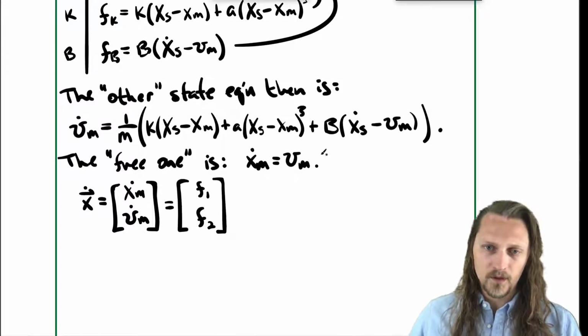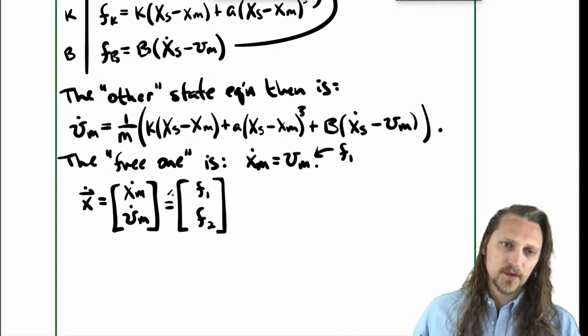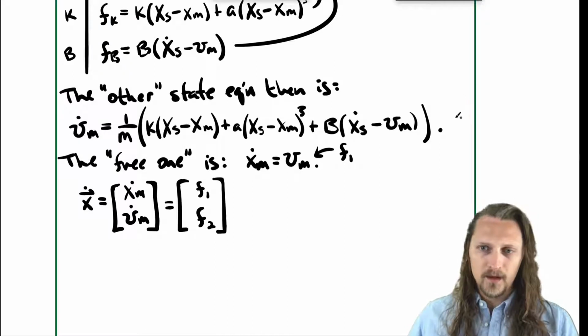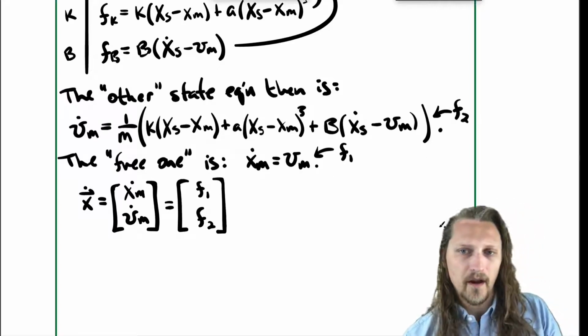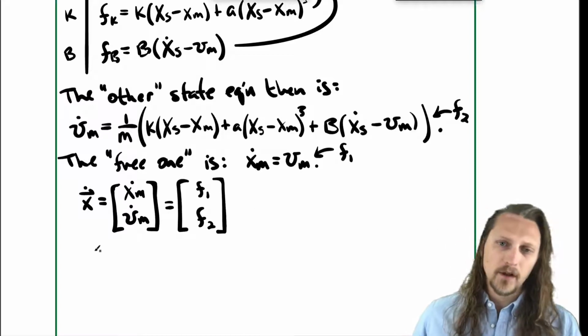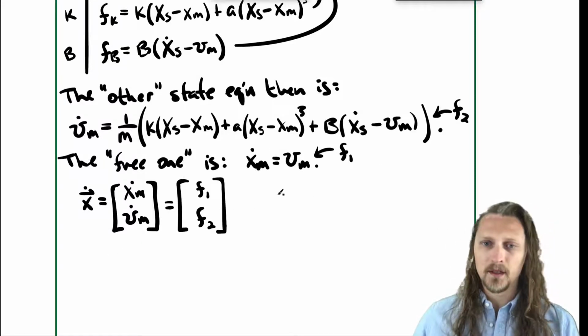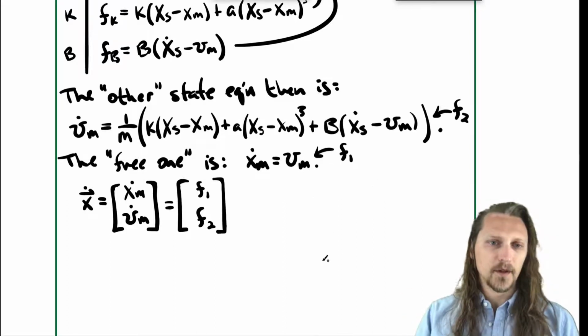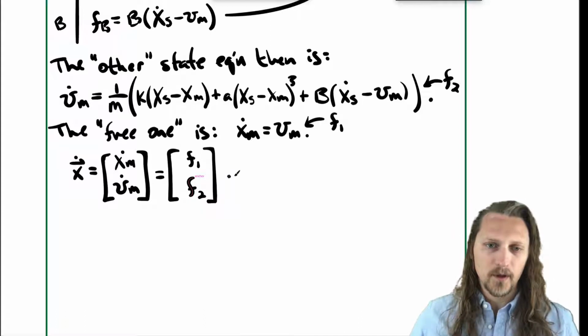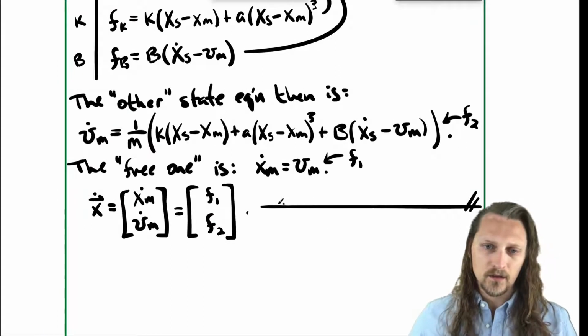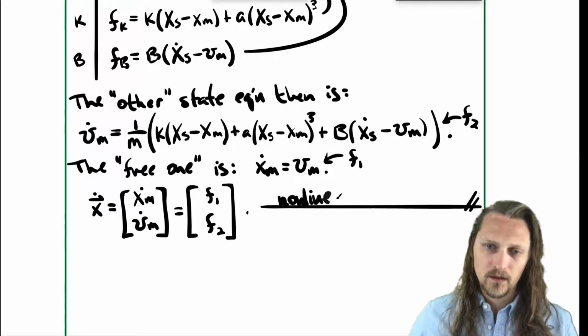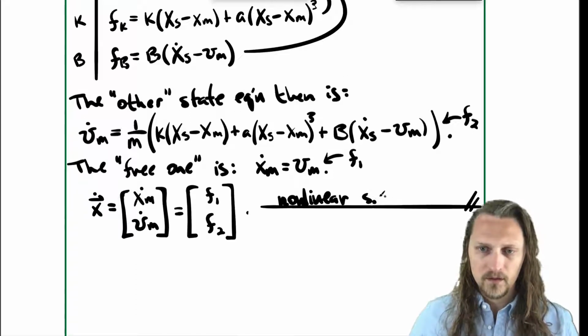This one will be f1 because xm is the first of our state variables, and this one will be f2. So the right hand side here of each are f1 and f2. We don't need to rewrite them here in a big vector, but there's no need to do that. So I'll put this as our answer to part B. This is our nonlinear state equation.